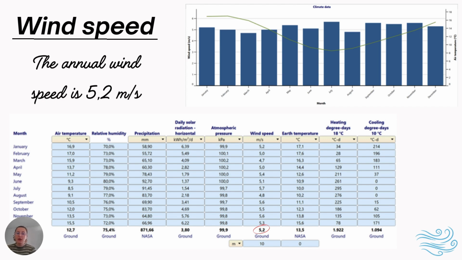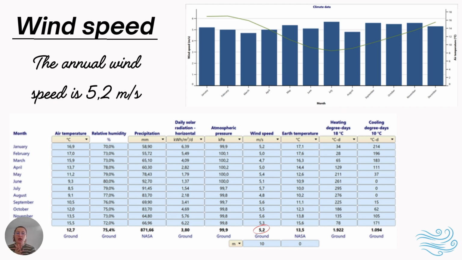You can see that it is more or less constant over the months, being slightly higher in the month of July, but it doesn't matter very much. It is estimated that the average wind speed per year is 5.2 meters per second.